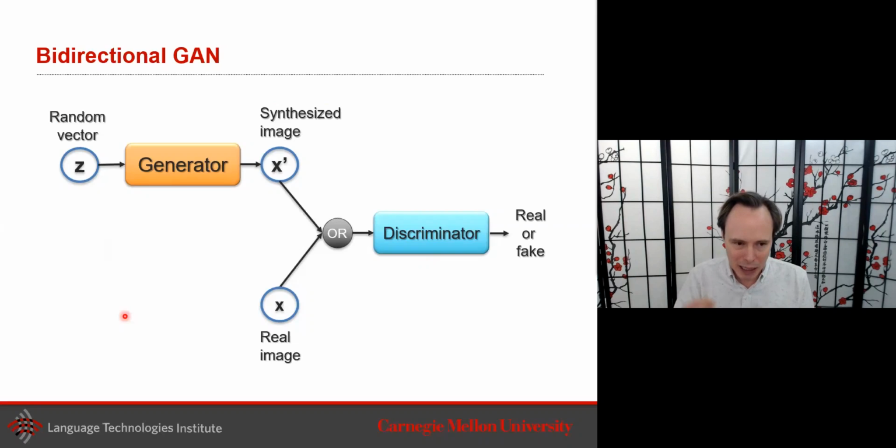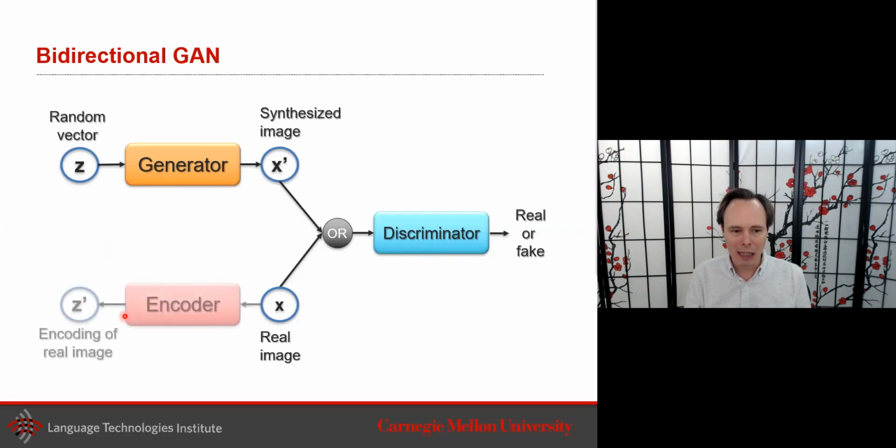The key aspect that I maybe glanced over last time is that you will train two things at the same time. You will train both a generator and an encoder, both at the same time. For the generator, the input will be some random vector, and then you can synthesize any image from that.